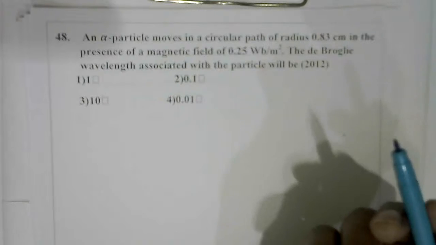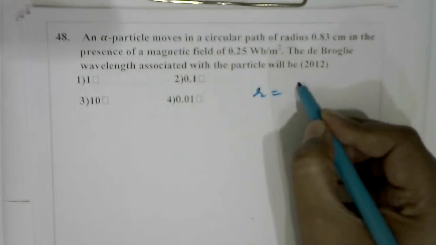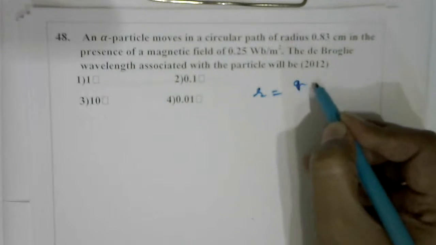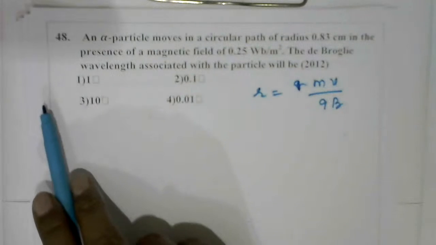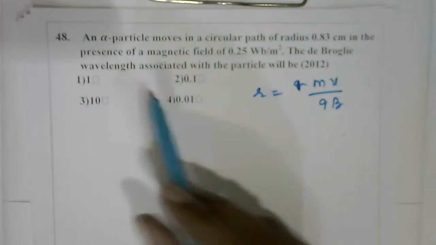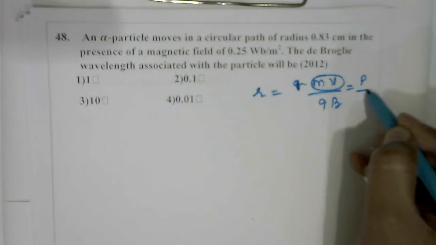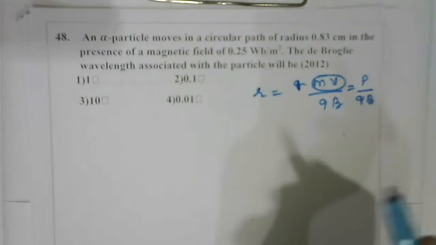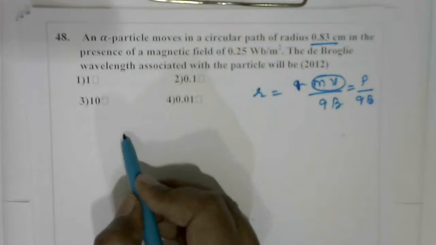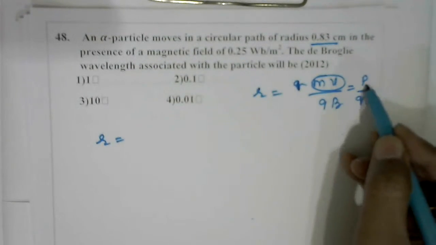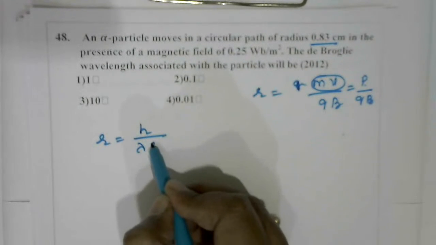Okay, no problem. So you have r equal to mv by qB, and mv I can write as the momentum, so momentum divided by qB. Since radius is available, p I can write as h by lambda, so r equals h by lambda into qB.